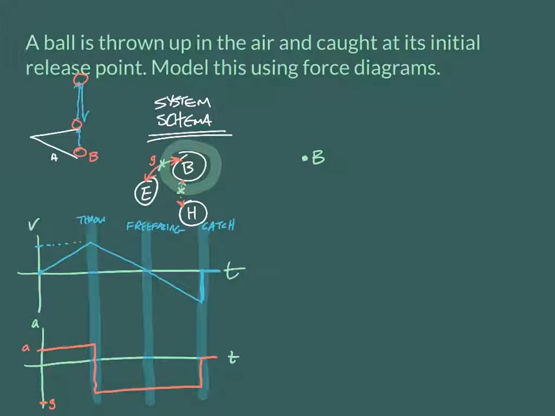F equals ma, and in this case, when a is equal to g, this is the weight of this ball. Now, let me redo this. I have the force of gravity, Earth on the ball, and that equals mg. Okay?